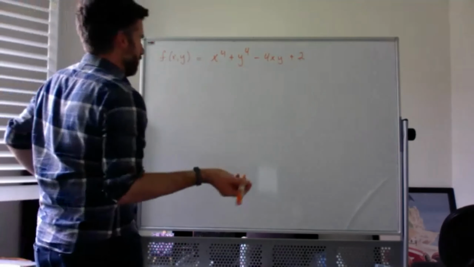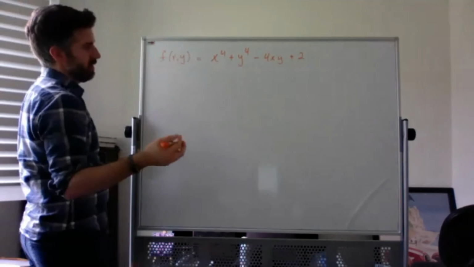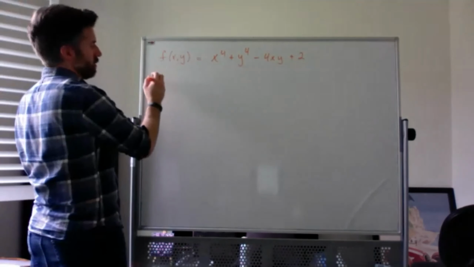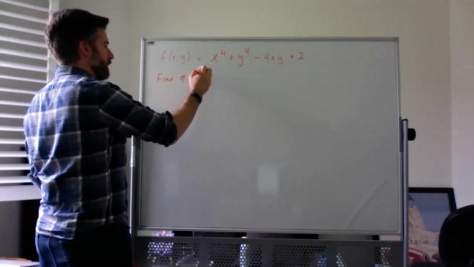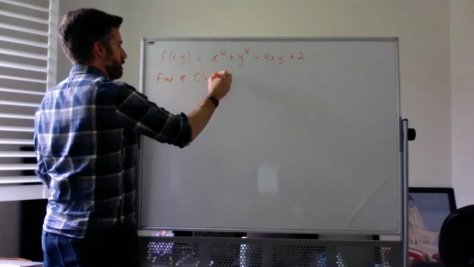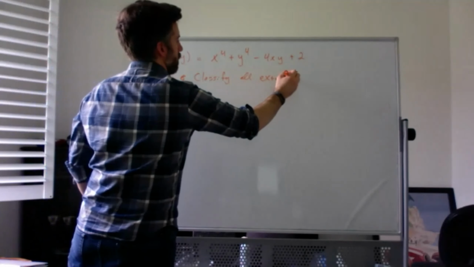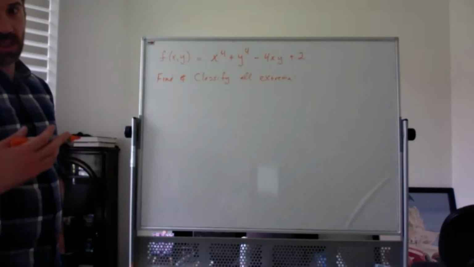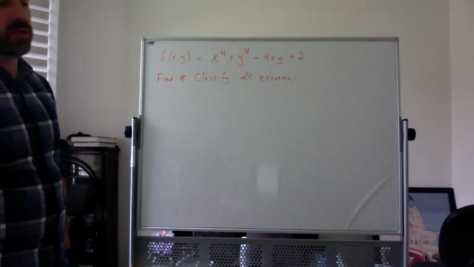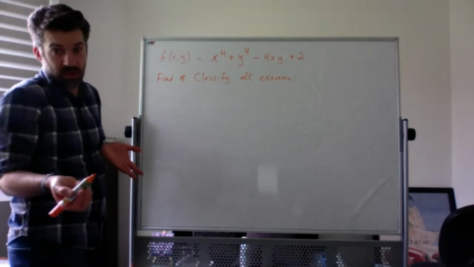We can also do something today if you want. To find the maxes or mins, we usually say find and classify all extrema. Again, we're going to find the critical points, which means setting each of the partials equal to 0. Rodriguez talked about it as setting the gradient equal to 0, which is also true.